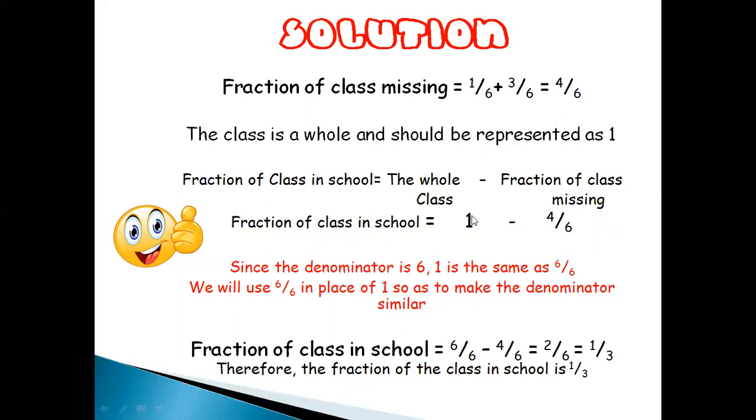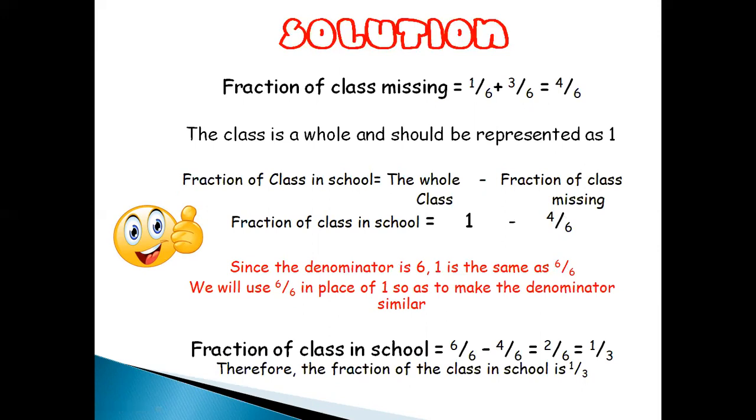And that will give me 1 minus 4 over 6. But remember, we are dealing with like fractions. So since my denominator here is 6, it simply means that I will change my 1 to a fraction. And that would give me 6 over 6. 6 over 6 is the same thing as 1. 6 divided by 6 is 1.